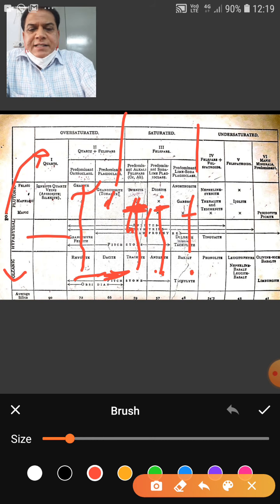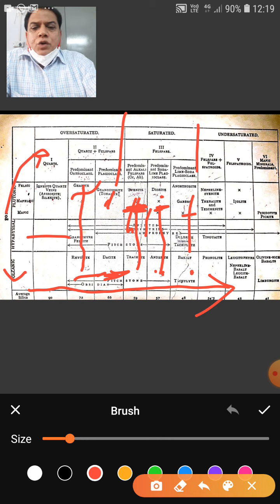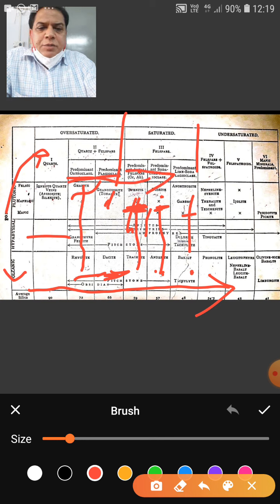For example, silica content continuously decreases if you go this side. Similarly, if you go this side, the feldspar increases, the nature of feldspar changes, and ultimately felsic, then mafic, more mafic, and ultimately the sixth column, that is the mafic minerals only.